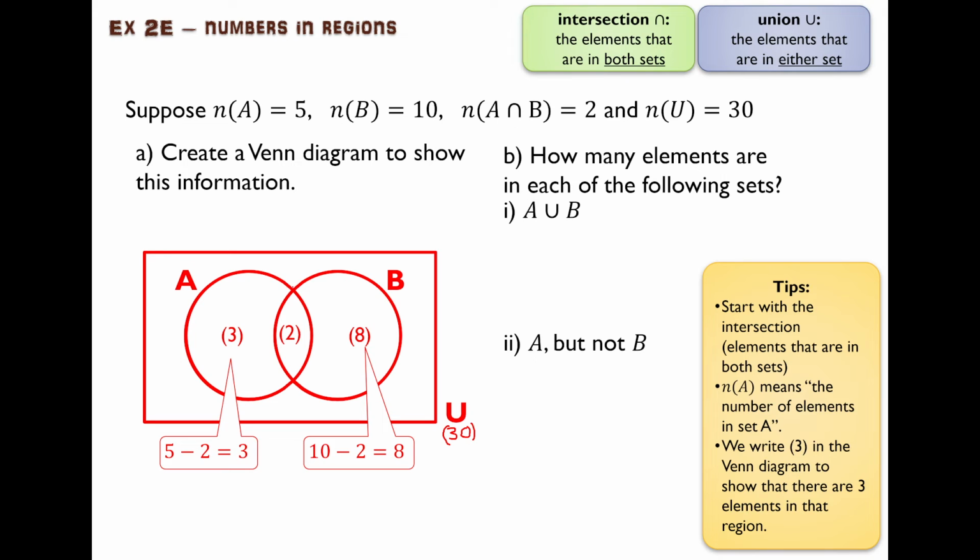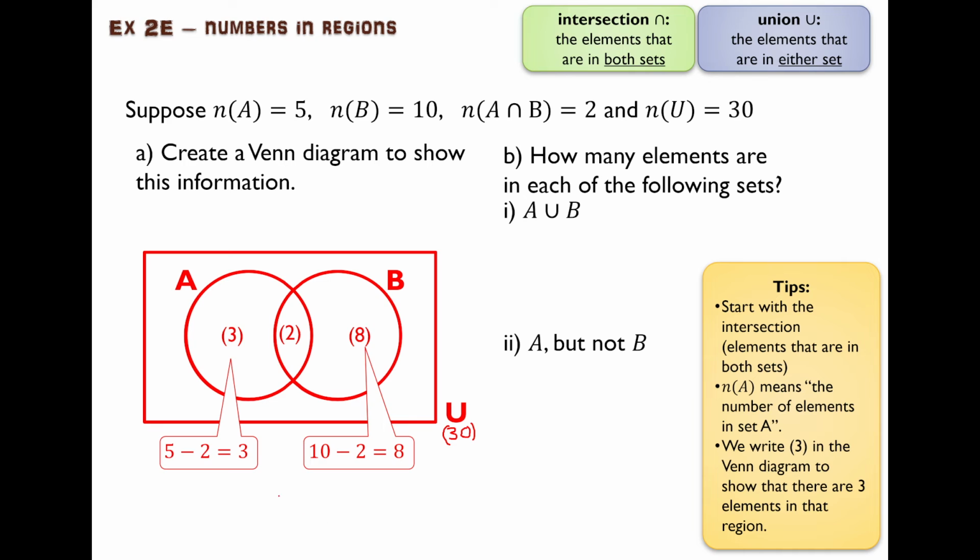Another way of thinking of it is that in this region, there are 3 plus 2 plus 8. 3 plus 2 plus 8 is 13. There are 13 elements in here. So outside, the elements that aren't in anything is 30 take 13.